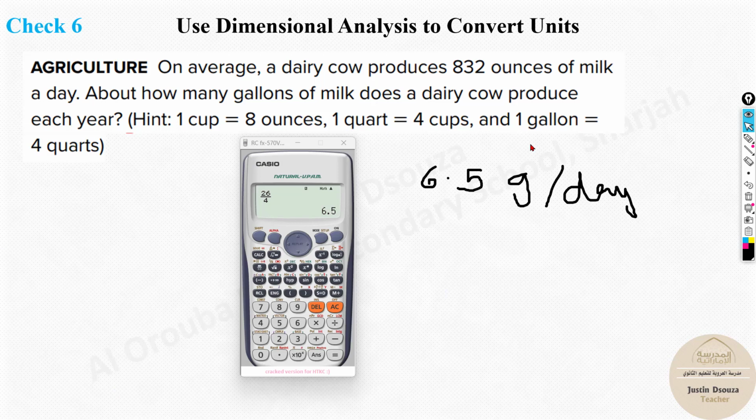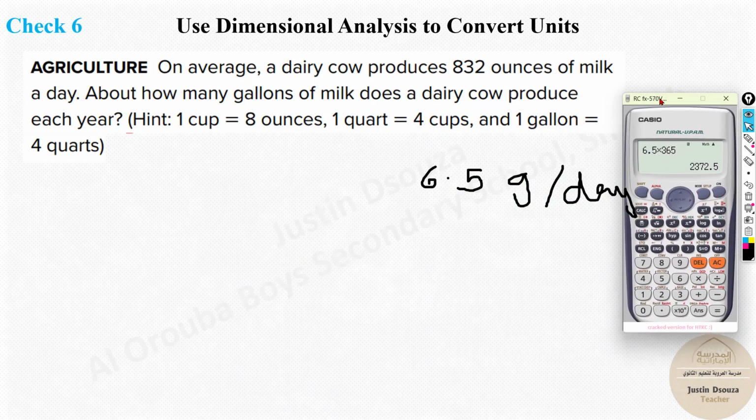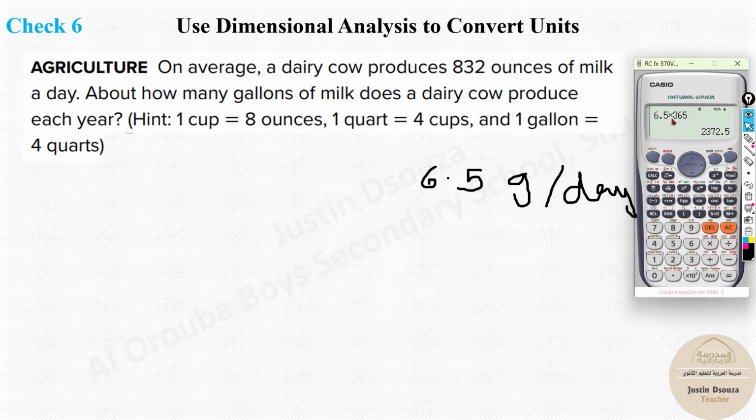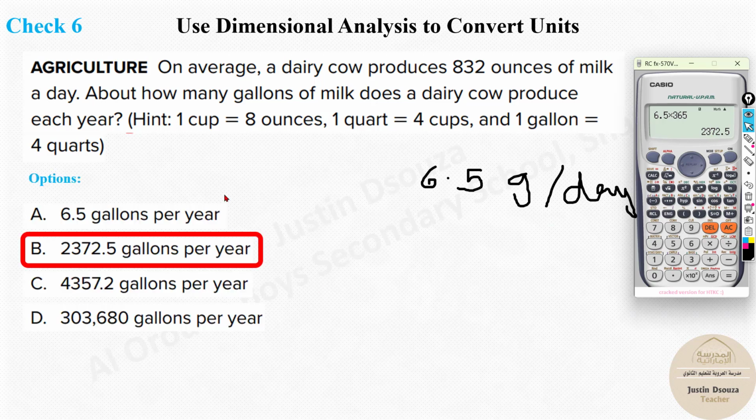So here, you have 6.5 gallons one day. You need to keep on multiplying this. You need to multiply this by 365. This is what you will have in 1 year. So these are the two answers. 6.5 gallons per day is correct, but it's not per year, it's per day.